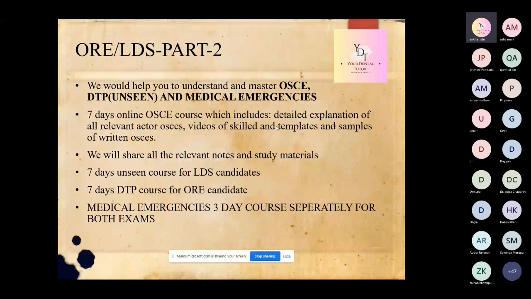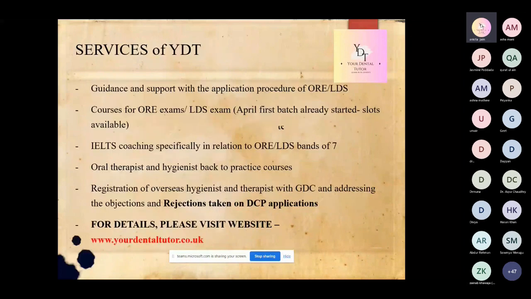Apart from that, we also provide the guidance and support with the application procedure. I would just brief the services we have. And also you can visit our website www.yourdentaltutor.co.uk, where you will find all the services listed there, and courses for ORE exams and LDS exams as we have discussed just now.